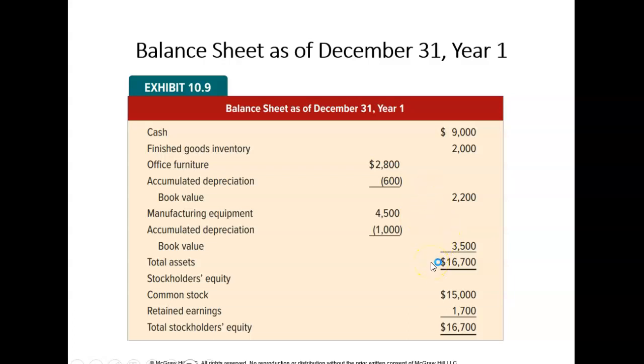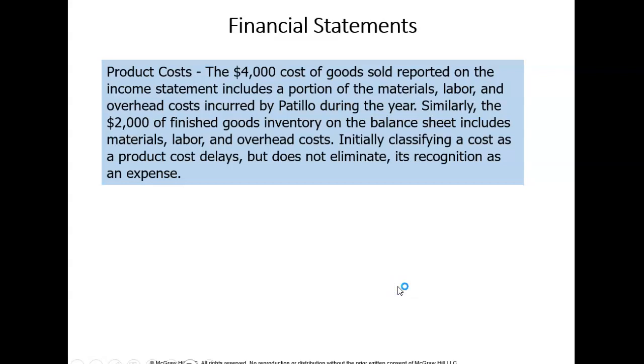Total assets 16,700. In this problem we do not have any liabilities. Under the equity section, we have common stock 15,000, retained earnings 1,700. Our assets equal our liabilities plus our stockholders' equity.